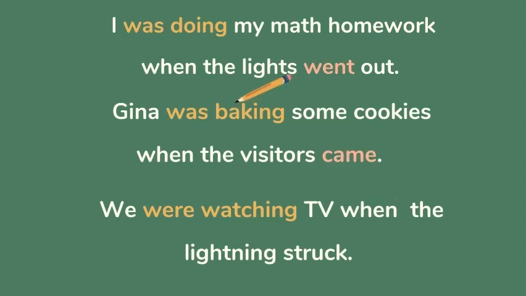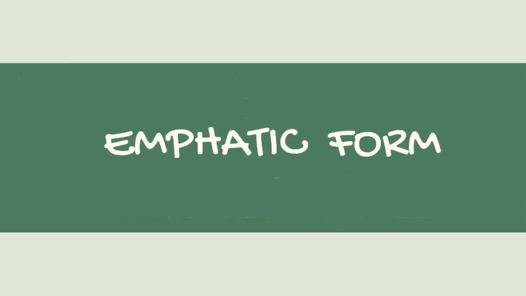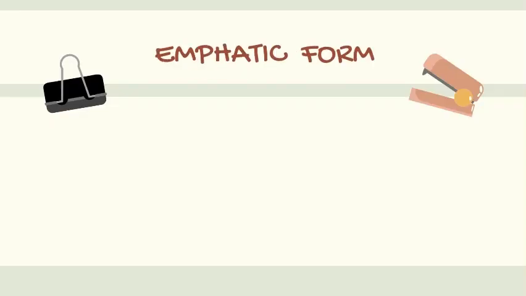Was baking here was an action in progress, and the other one was completed already in the past. Same with our sentence 3, where watching was an action in progress and the other one has completed already in the past. Now let's move on to the third one, which is the emphatic form.